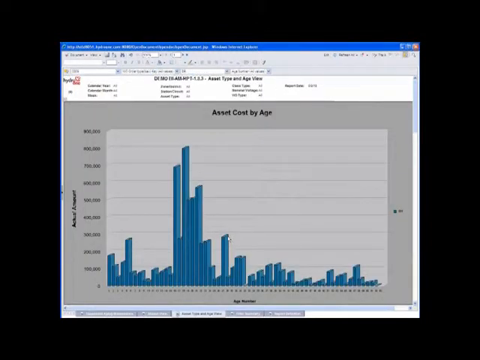And the last slide that I have, again, one of the elusive correlations that the industry struggles with is how do we spend our money with aging assets. So what we've built is an algorithm to look at how we spend our money as an asset ages over time.